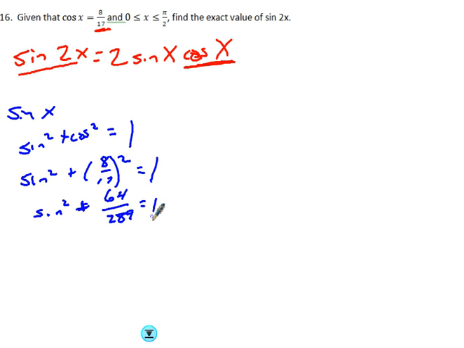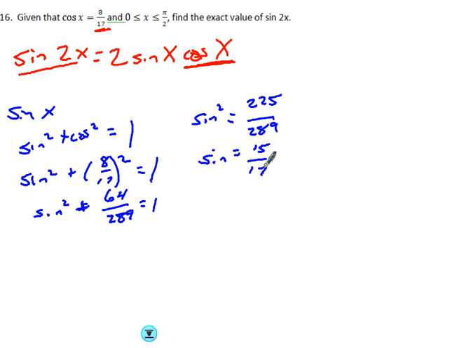You can subtract the 64 over 289 from both sides, and we can say that sine squared is equal to 225 over 289, which means the sine value, if you take the square root of those, would be 15 over 17.